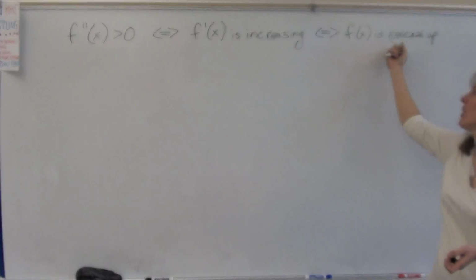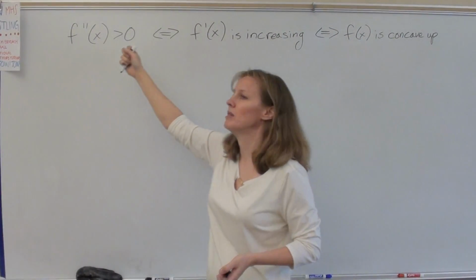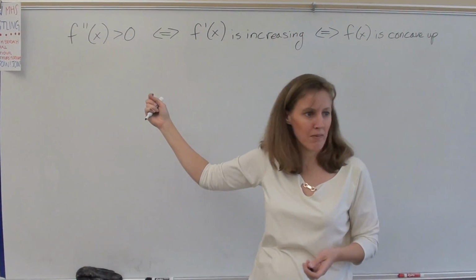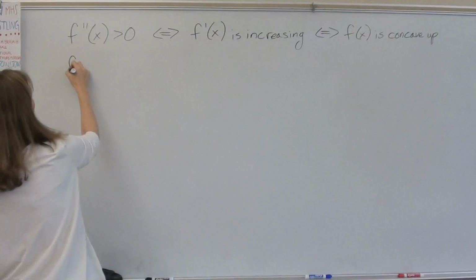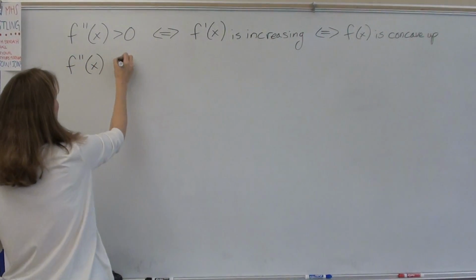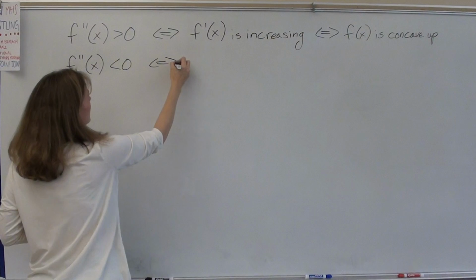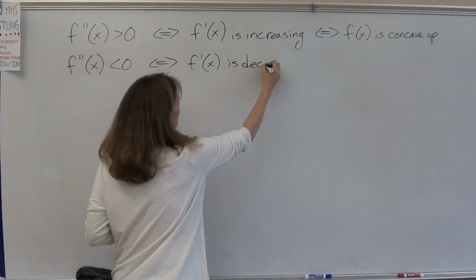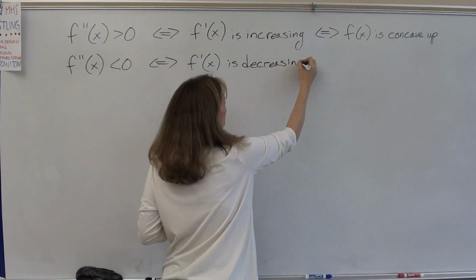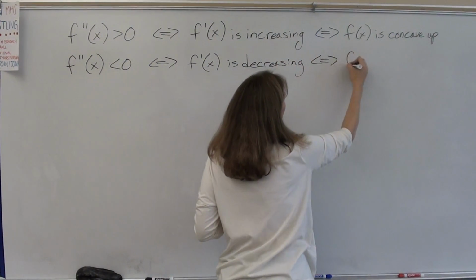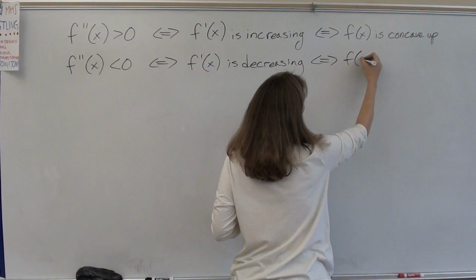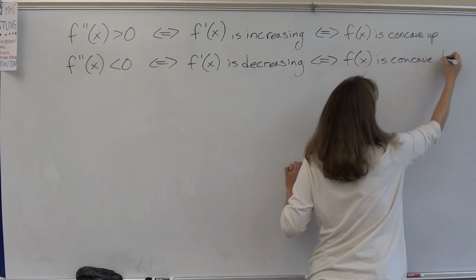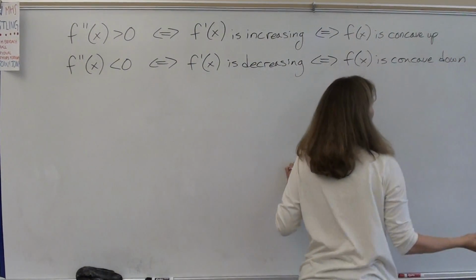If f is concave up, that means f prime is increasing, that means f double prime is positive, and vice versa. You can do them in any order. They're all true, okay? If f double prime is less than 0, this implies that f prime is decreasing, which implies that f is concave down.